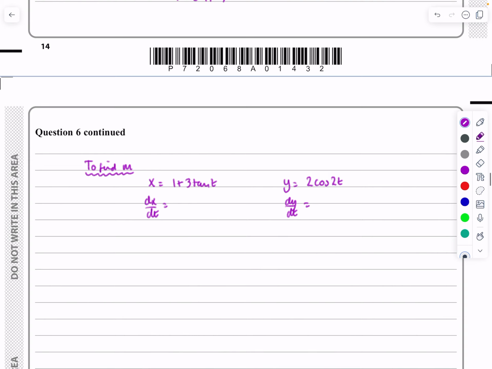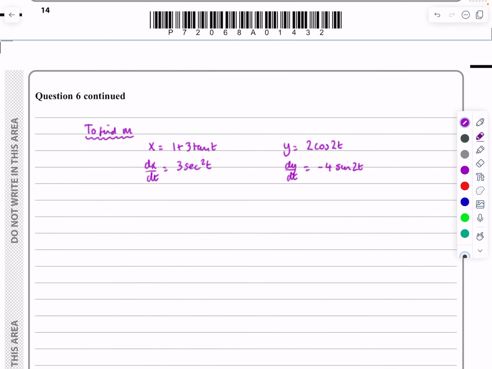I'm not spending any time explaining how to differentiate trig functions at this stage. You should have no problem in differentiating 3 tan t, differentiate to 3 sec squared t. Differential of cos is minus sine. We've got the 2 and the 2t there, so it's going to be minus 4 sine 2t. If you're having problems with those, you'll have to go back and look at other videos and then come back to do the past paper questions. You're not ready yet.